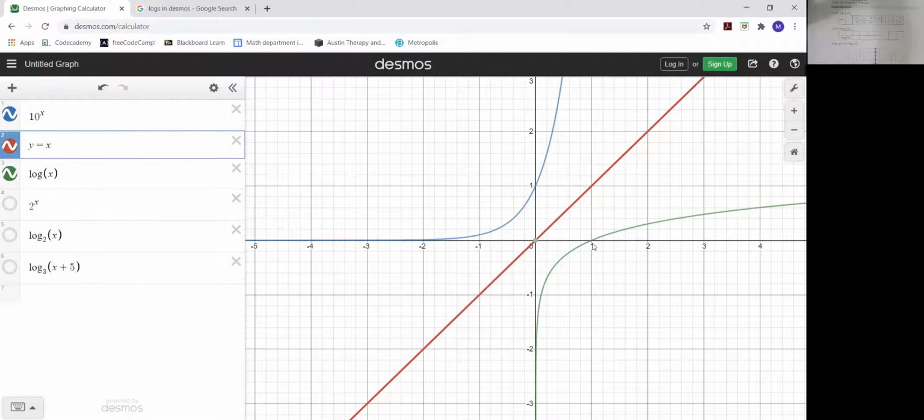So 0, 1 or 1, 0, sorry. 0, 1 is this one, and this one is 1, 0. This is because anything to the 0 power is going to give me 1, which is why I'm getting this one. And the same thing here, right? 10 to the 0 power is going to give me 1.